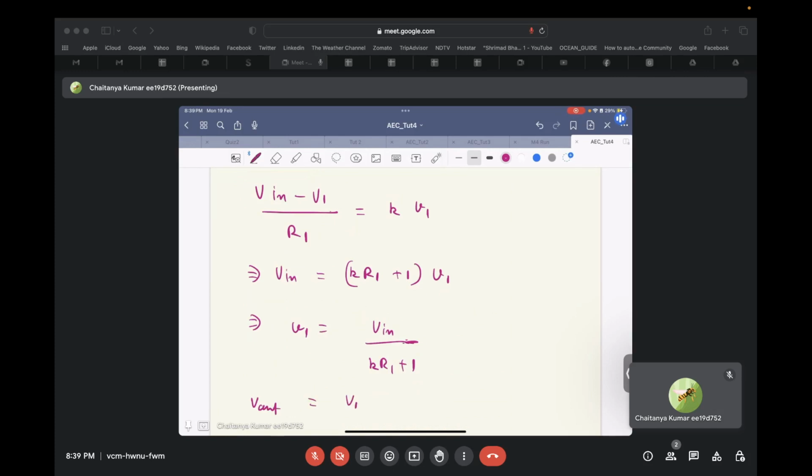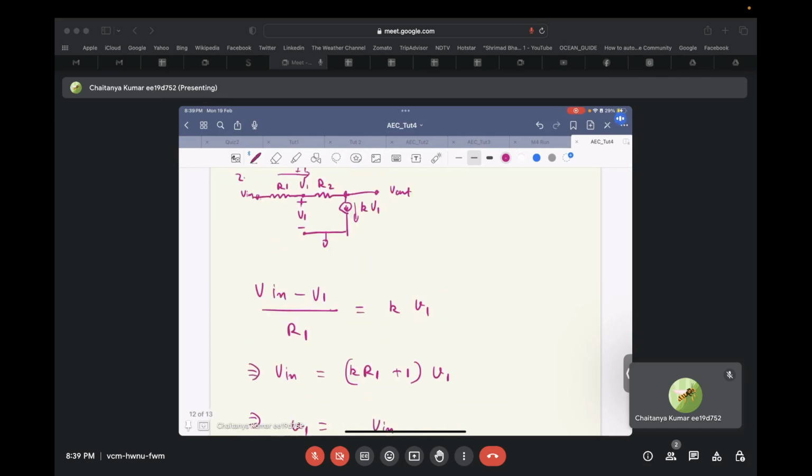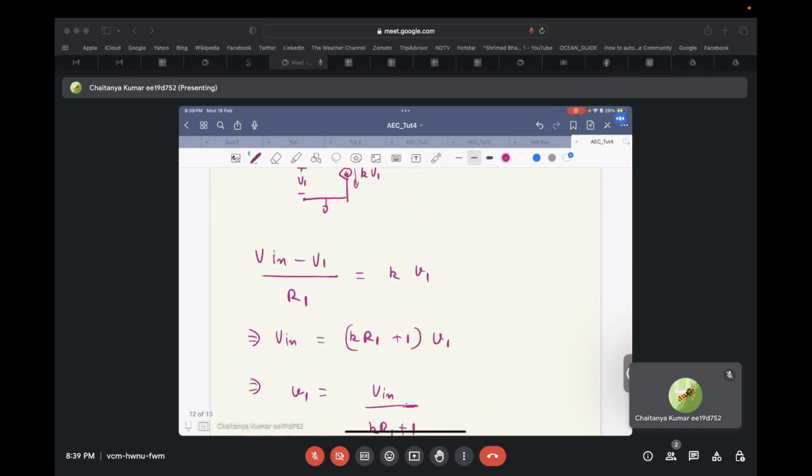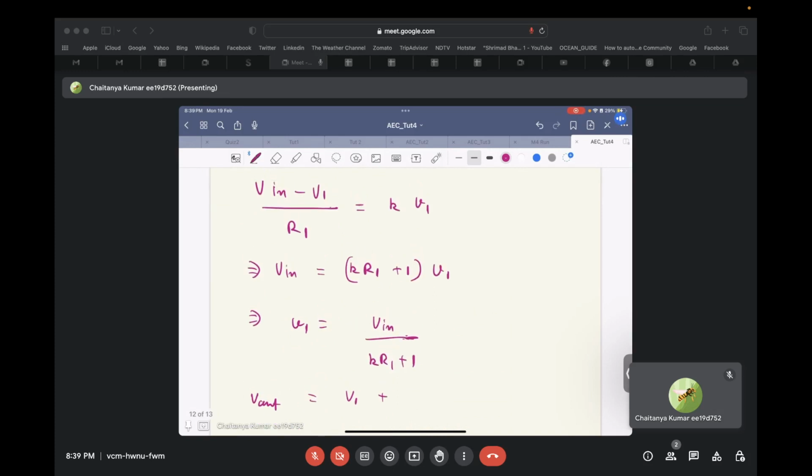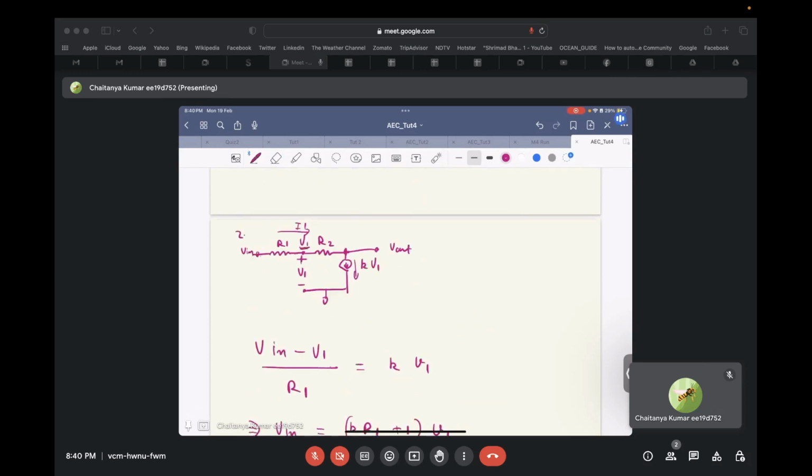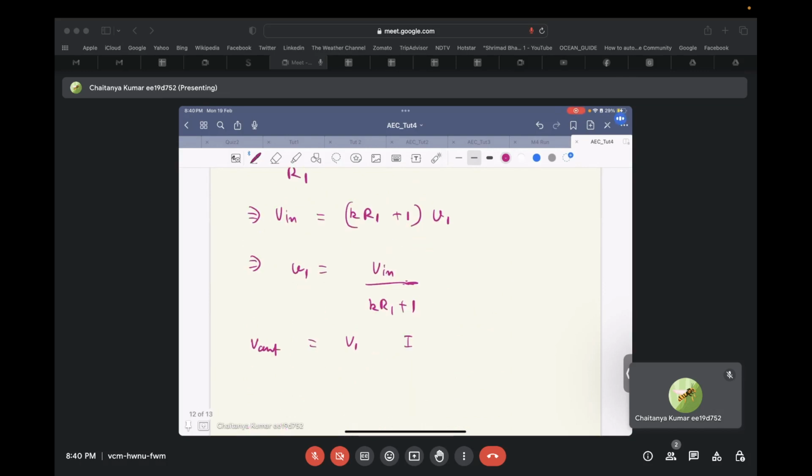V out is equal to V1 minus, sorry. So this is the voltage V1. The voltage drop across R2 will be I1 times R2, and V out will be V1 minus I1 times R2.